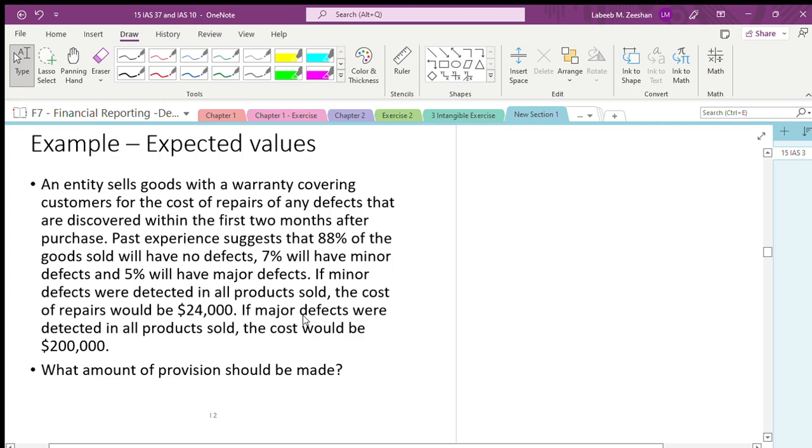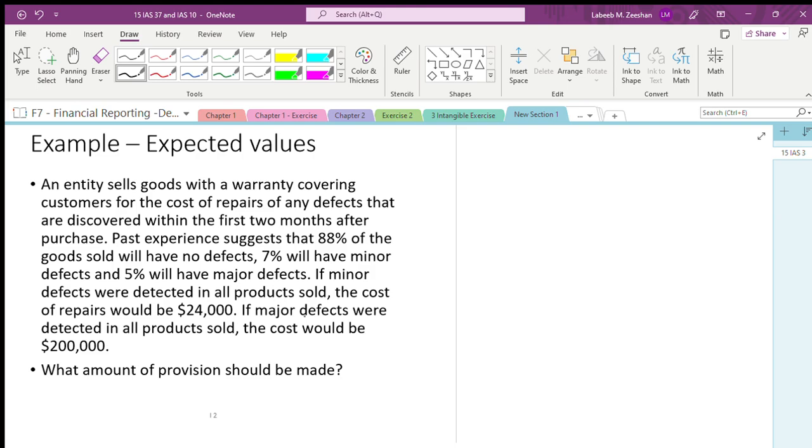Now, what it says: an entity sells goods with a warranty covering customers for the repairs of any defects that are discovered within the first 2 months after purchase. Means they are covering the cost of any defects discovered within the first 2 months after the purchase. Past experience suggests that 88% of the goods sold have no defects.